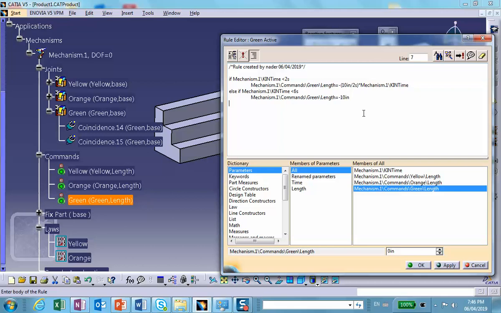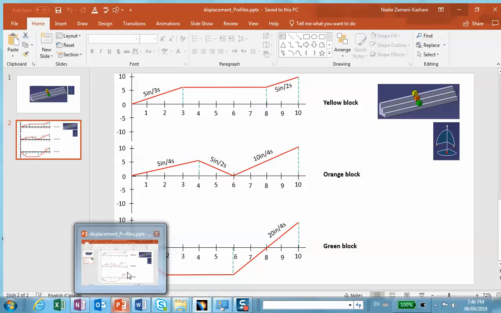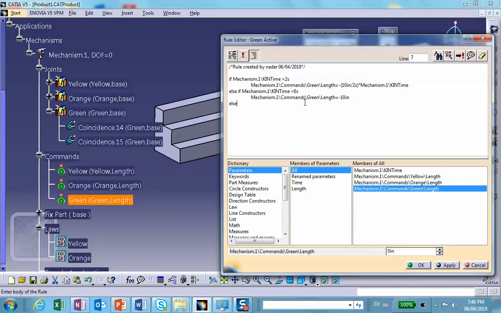And finally, else if, then it takes up speed, and it goes back all the way to the 10 inches location to the right, at what is that, 20 inches in 4 seconds. Okay, good. So let's see now.